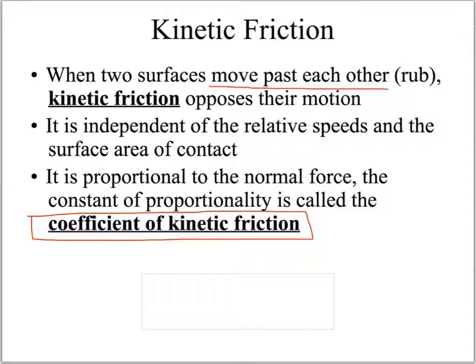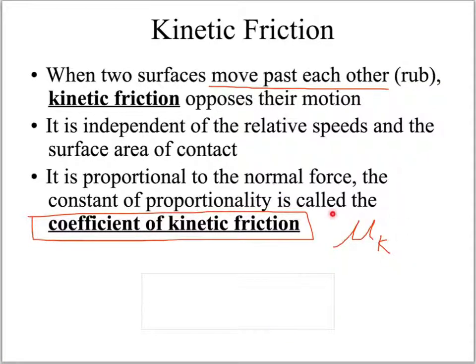The coefficient of kinetic friction is this Greek letter called mu, M-U. Some people say moo, like a cow, but I say mu. It looks like a lowercase English u with a little tail on the front, and we're going to put a little K next to it: mu sub K, or mu K.